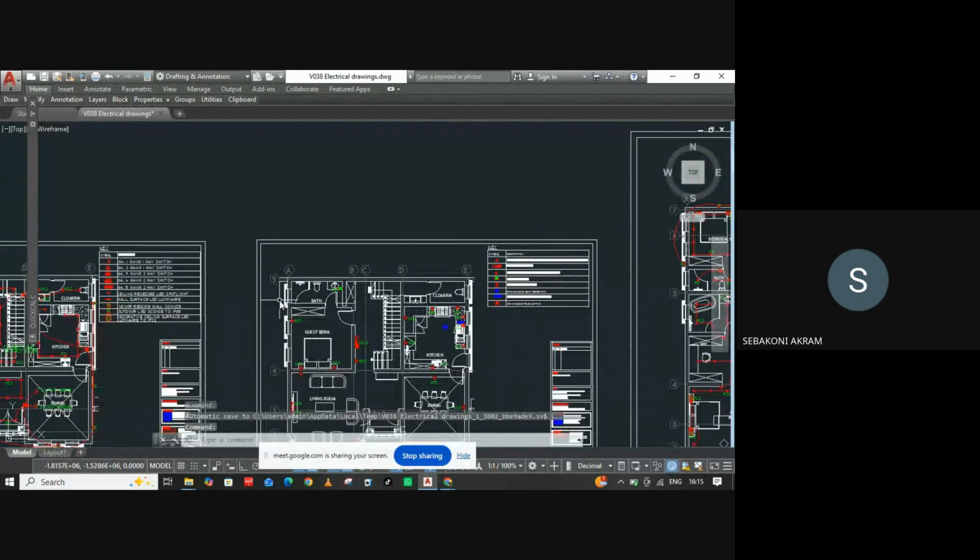While detailing this building, you really identify that there is a lower ground.